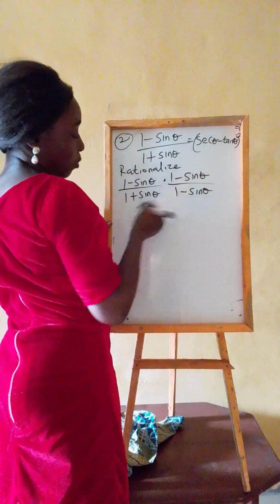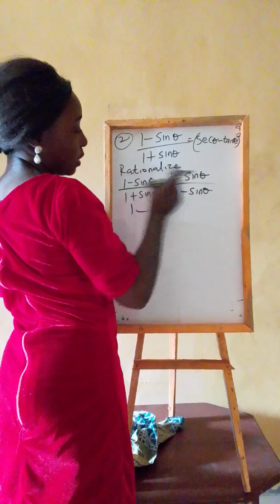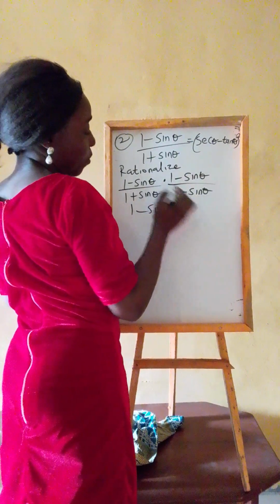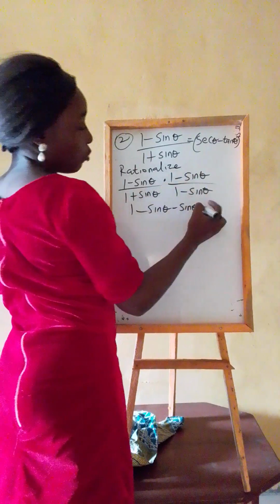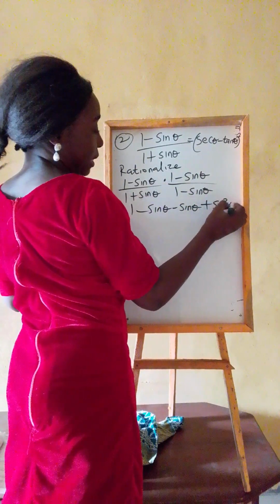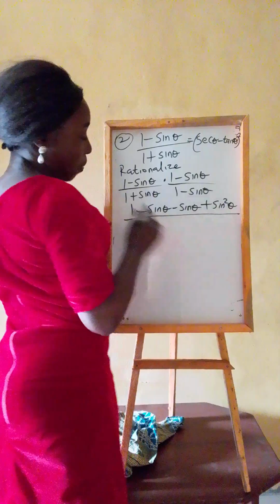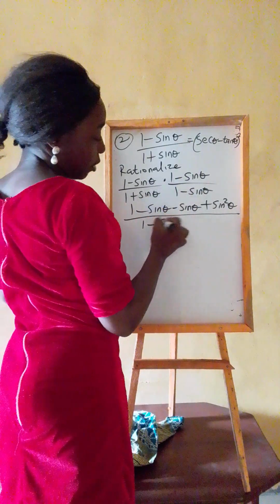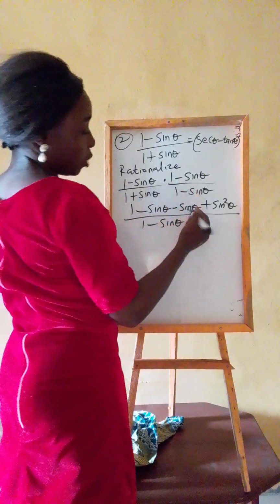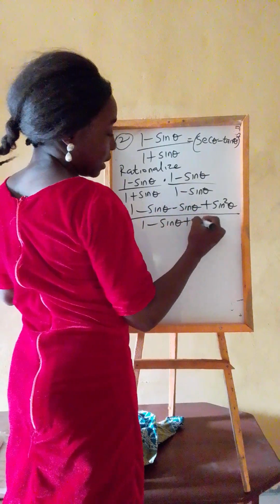So we have 1 times 1, 1, minus 1 times this, minus sin theta. This times this, minus sin theta. Minus times minus, plus sin squared theta. All over 1 times 1, 1. This times this, minus sin theta. This times this, plus sin theta.